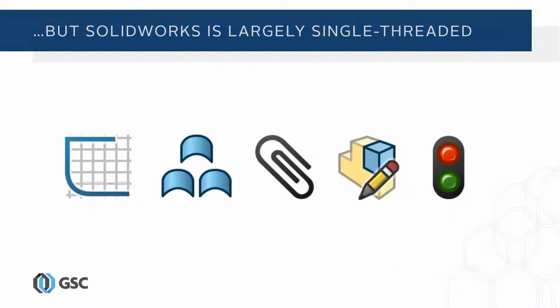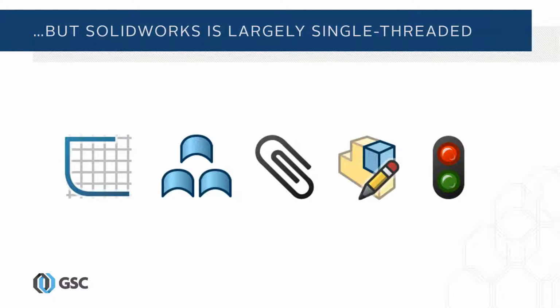But when it comes to SolidWorks or any kind of 3D CAD solid modeling system with features in it, especially, SolidWorks is largely single-threaded. This is key to understand when you're talking about what kind of CPU you should be getting for your next computer. So whether you're doing solving in sketches, whether you're doing features in the 3D model, whether you're doing mates, whether you're editing features, when you're doing rebuilds, which most people, when they think about it, rebuild is the thing they want to have be instantaneous and super fast.